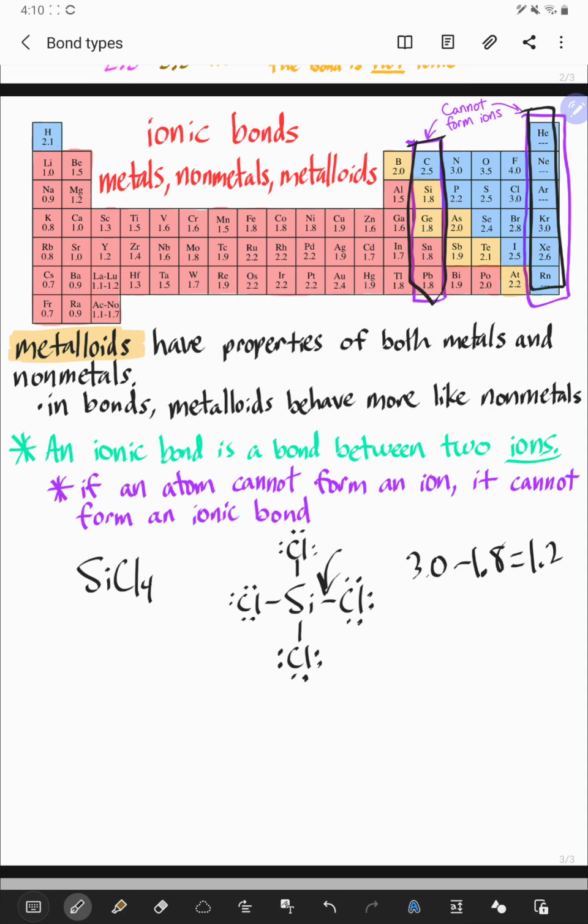The noble gases just aren't going to form bonds, so we can cross those out from the get-go. But these elements right here are unlikely to form ions, and if you can't form an ion, then you're not going to form an ionic bond. If they form a bond, they're going to be part of some other type of bond, probably a covalent bond, which we'll cover next.